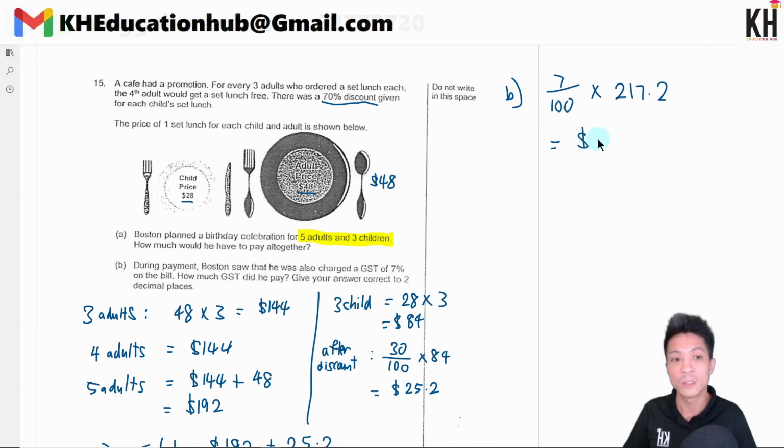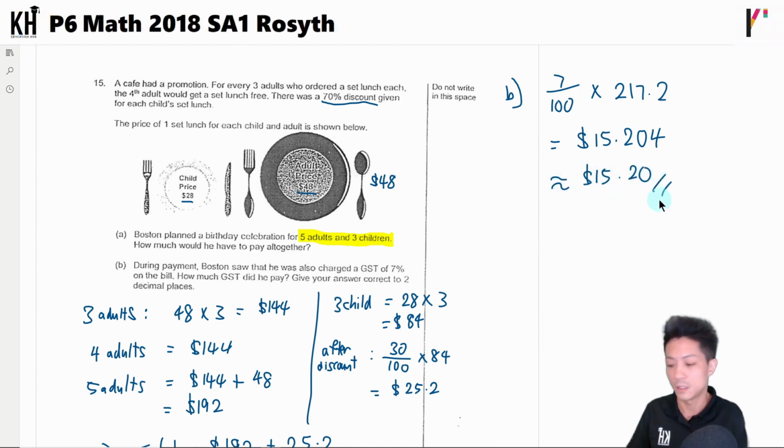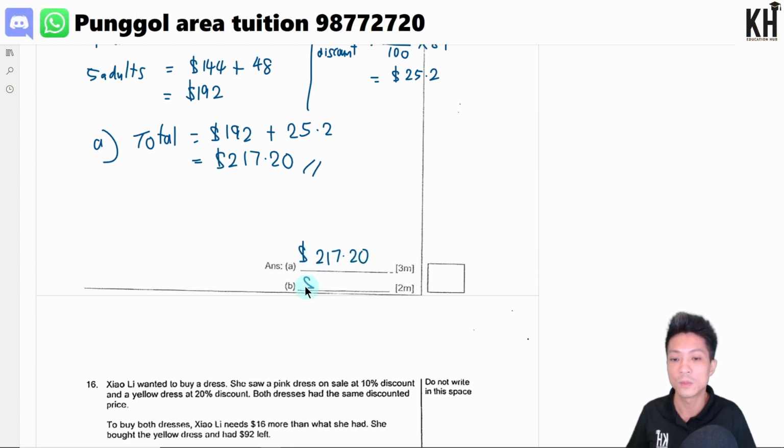Okay, that will be $15 and, okay, this is the value that is shown in the calculator. Okay, round it off to 2dp, it will be 15.20.